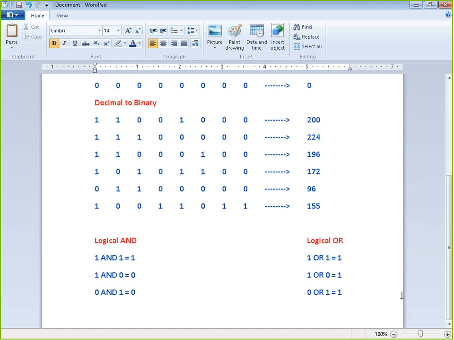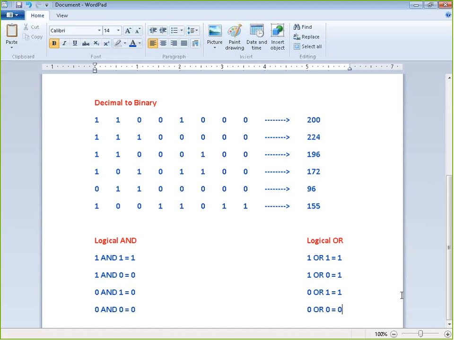And then when I talk about 0 AND 0, it's going to be 0, and 0 OR 0 is going to be 0. So these two things are what you need to understand next: the logical AND and the logical OR.